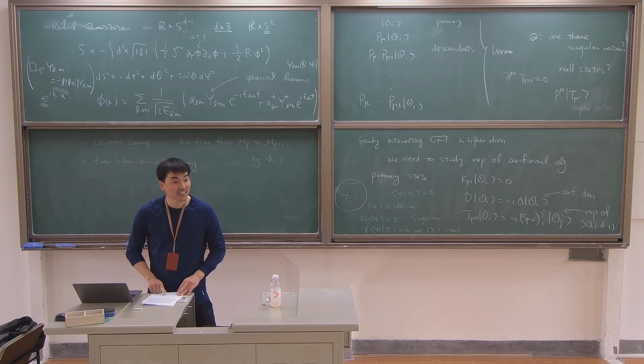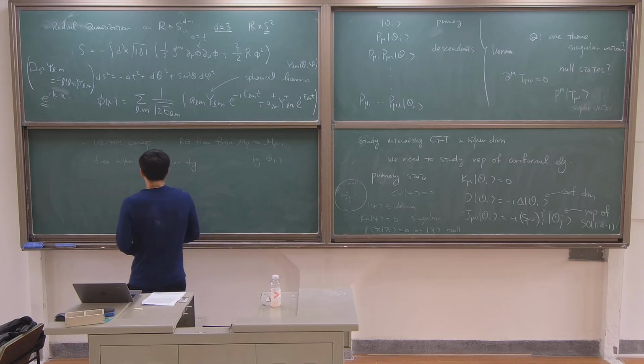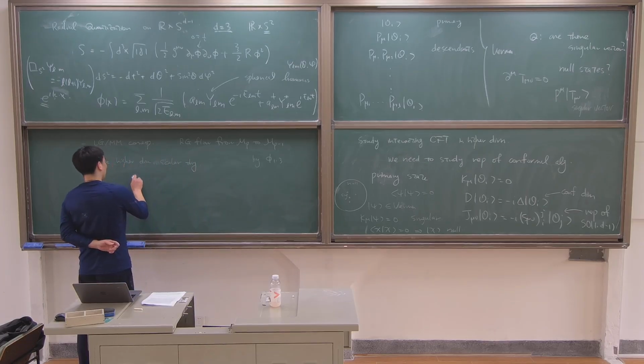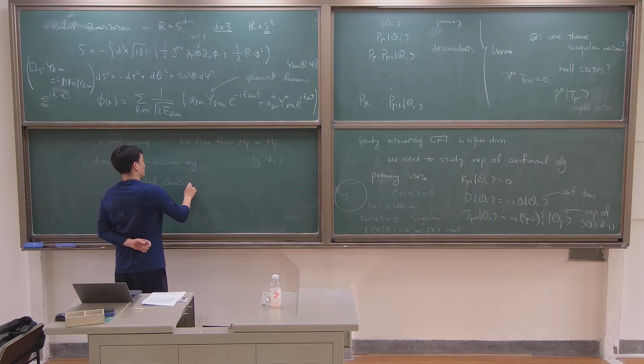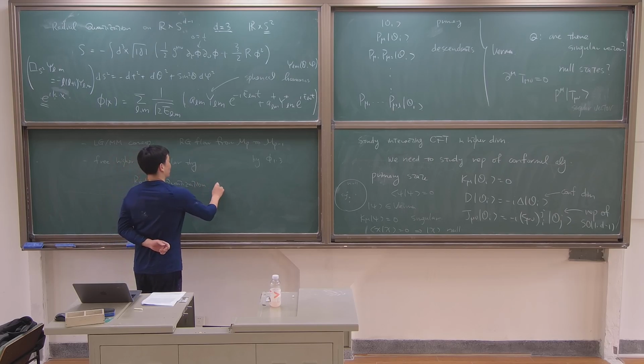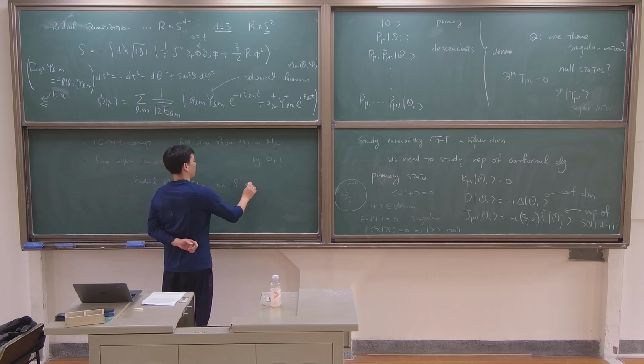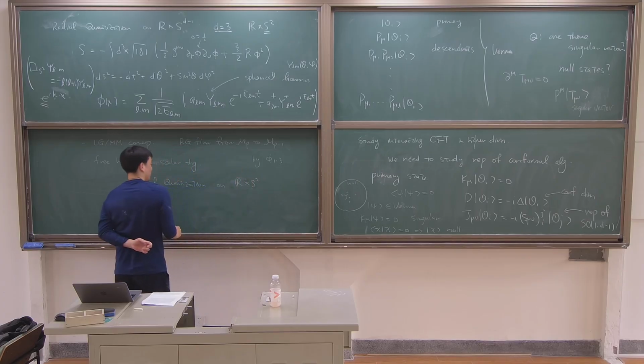Good. So radial quantization on S^1 cross R cross S^2, especially S^2, and the state-operator correspondence.